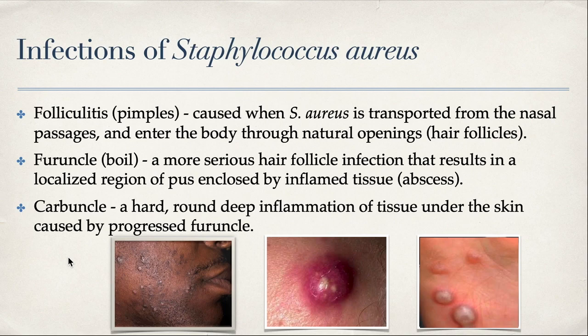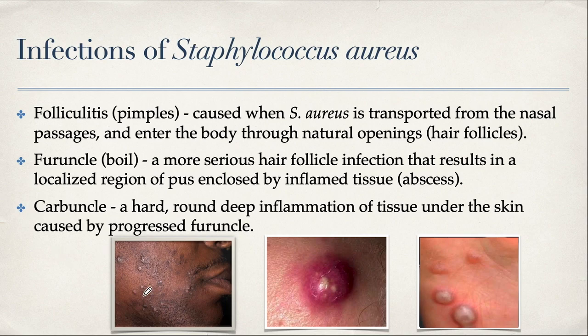Staph aureus may cause folliculitis. Folliculitis is when you have pimples, and Staph aureus is transmitted from normal passages and is able to have access to the hair follicles. Once they access the openings in the hair follicles, that's when they cause pimples.